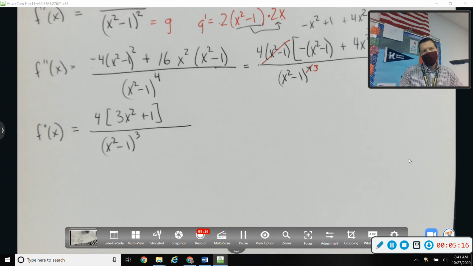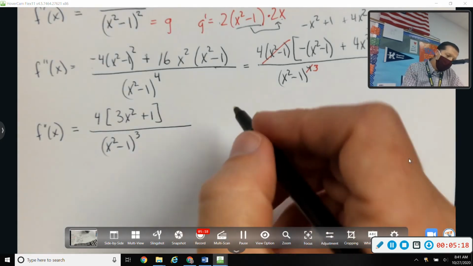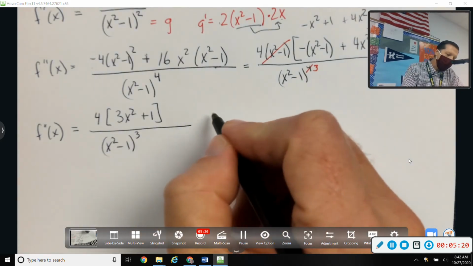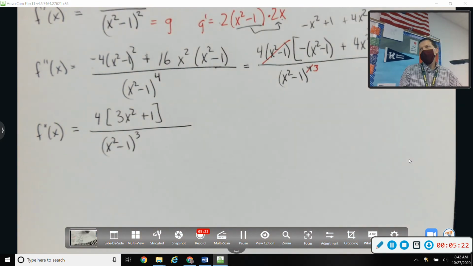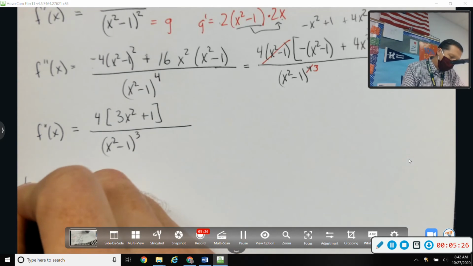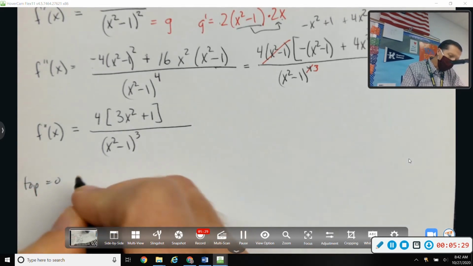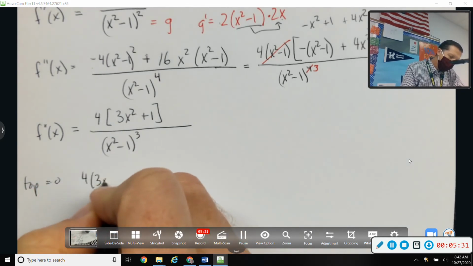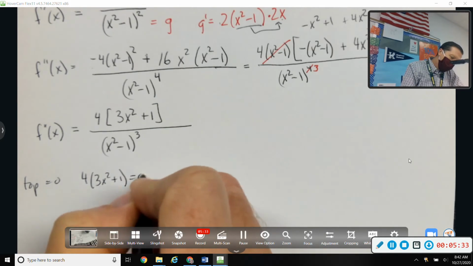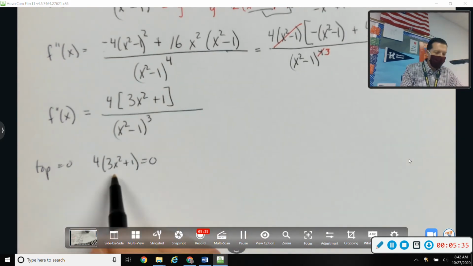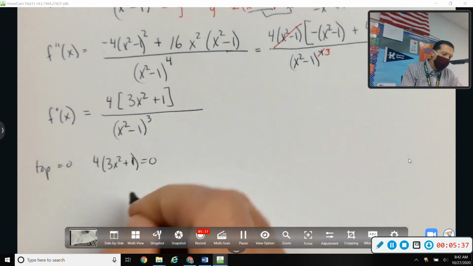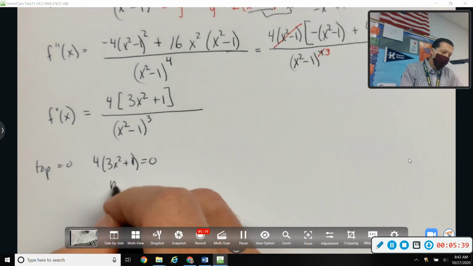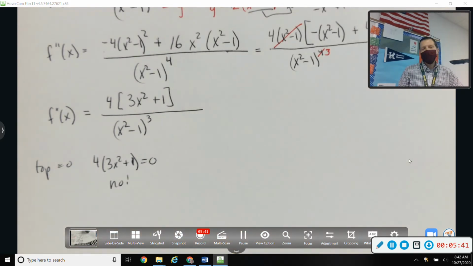Okay, so I'm thinking number line, but I need to know where the top is 0, where the bottom is 0, because those would be the potential breakpoints on the number line. So top equals 0. Well, that's not going to happen, because if I square something and then add 1, that's always going to be positive. So nowhere is the top equal to 0. I guess that's good. That's one less point to put on the number line.